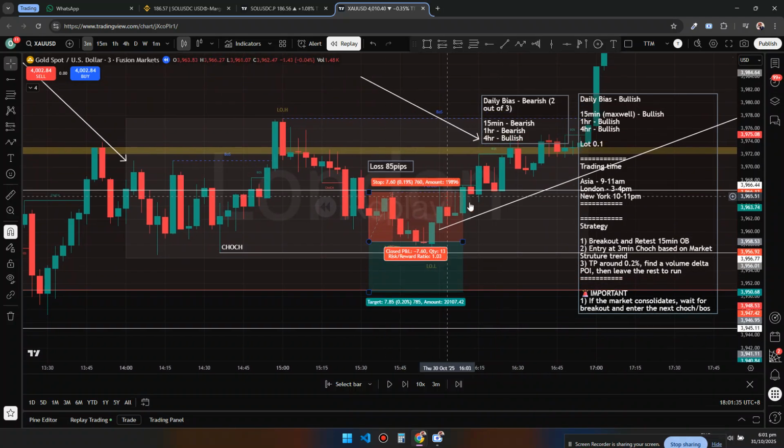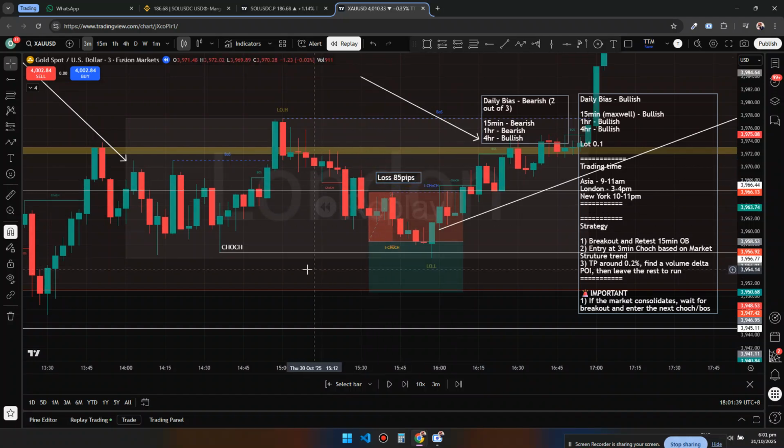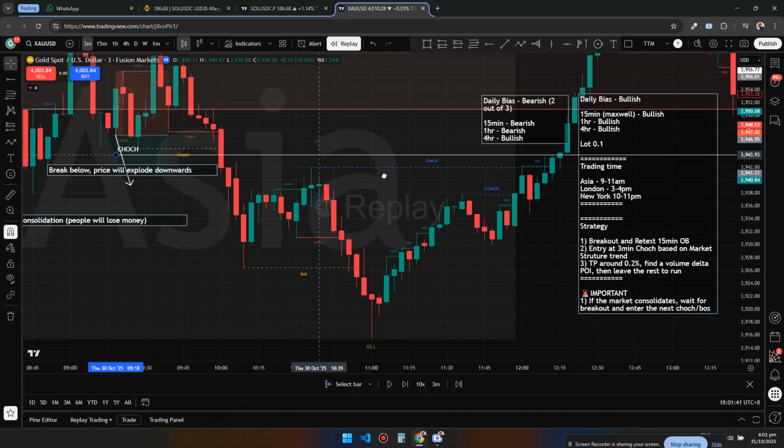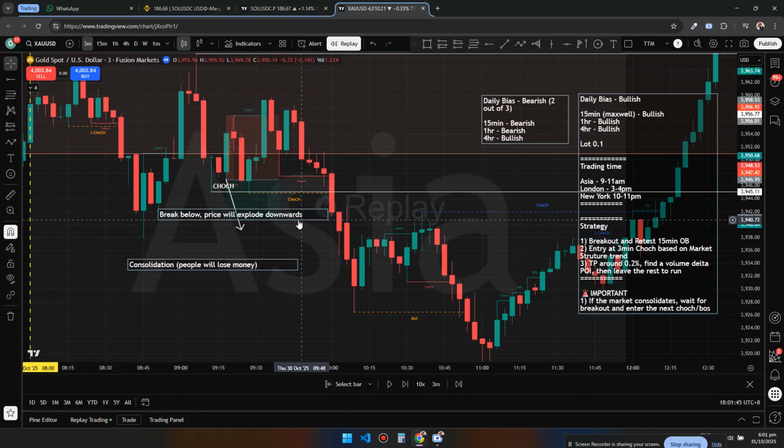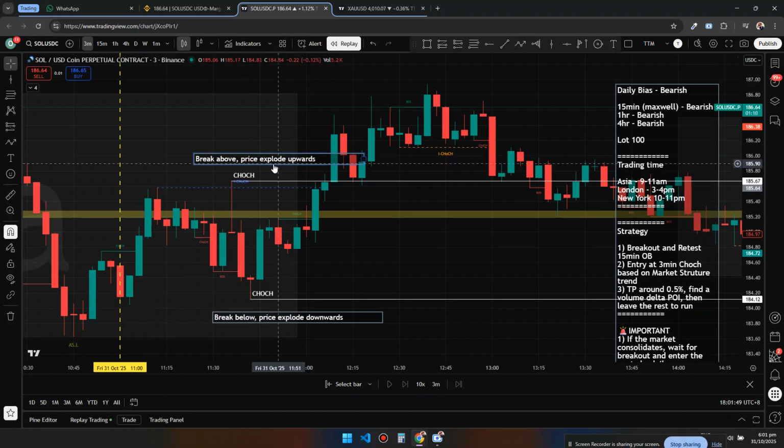Yeah, so it's very unfortunate that, you know, here it worked, price exploded downwards when it broke this level. And then for Solana, price broke above when it crossed this level.